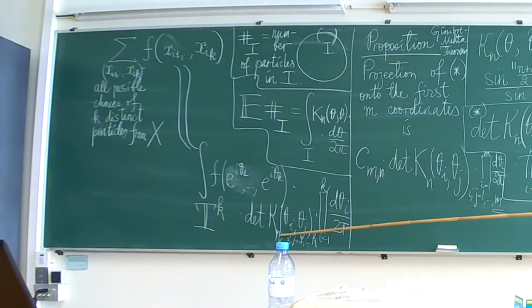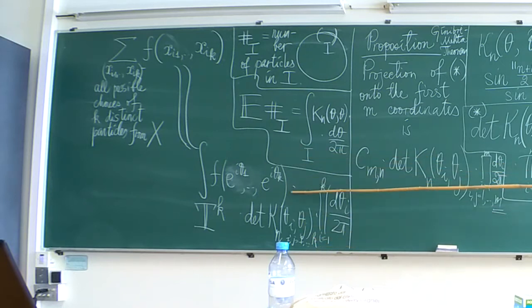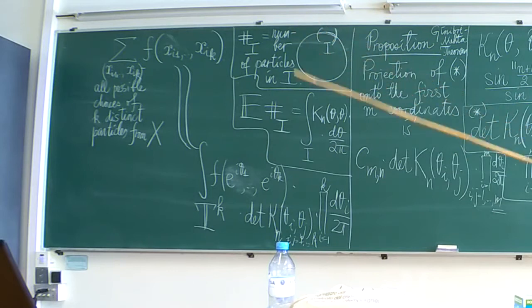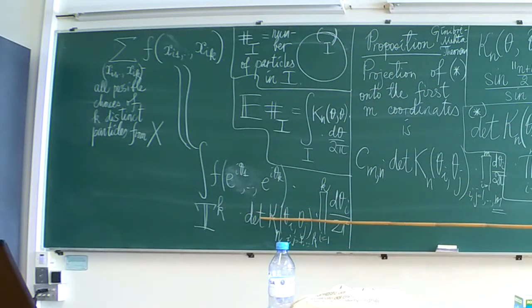So observe that the determinant is of a matrix of size k, where k is just the number of variables. Observe that the only dependence on n is in the kernel. The formula as such does not depend on n.